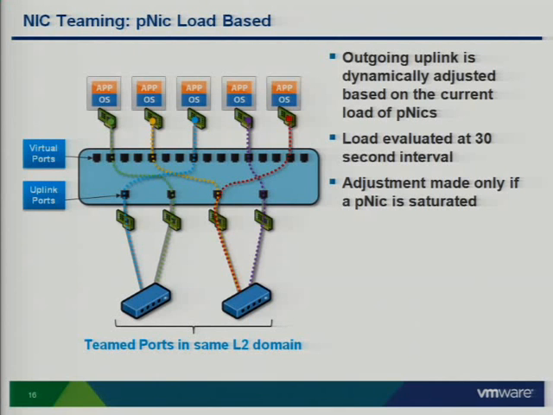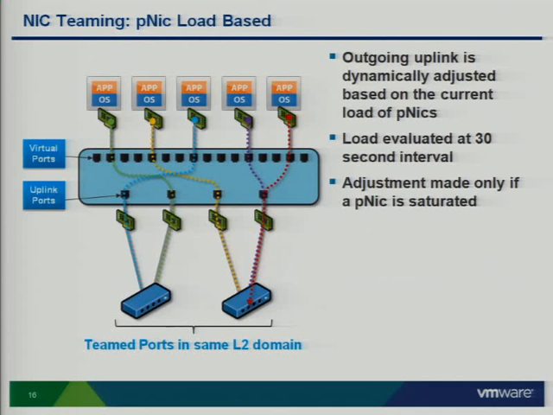We currently evaluate the load at 30-second intervals. At any given point, if none of the pNics is saturated, then we don't need to do anything, because they all can run properly. Now, if we detect that one of the pNics is saturated, for example suppose this third physical adapter is saturated, then we're going to adjust and move the traffic to the fourth pNic.